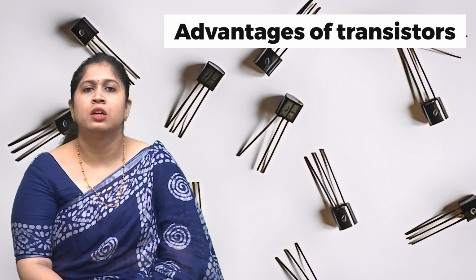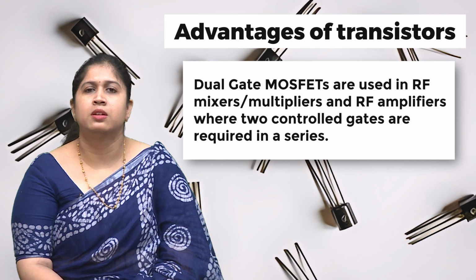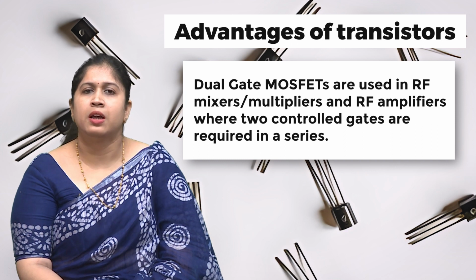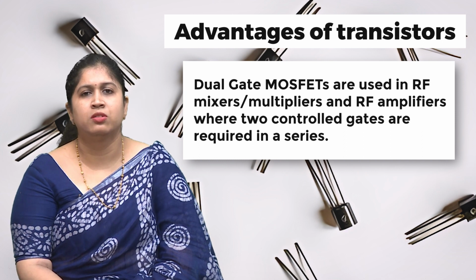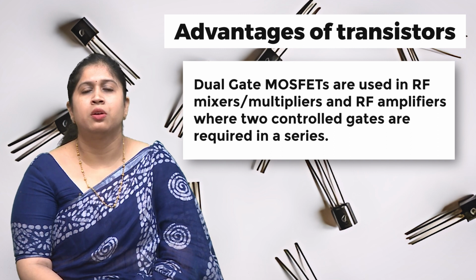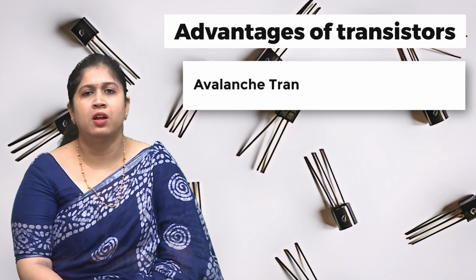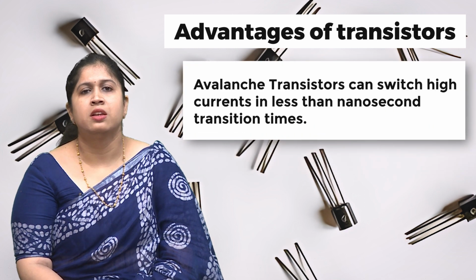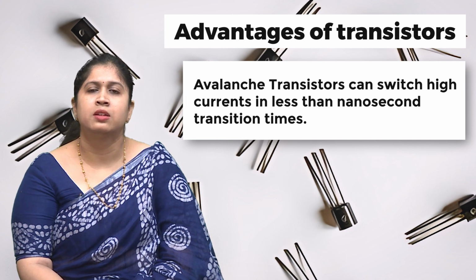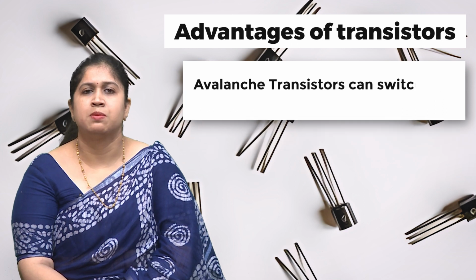Fourth one, dual gate MOSFETs are used in RF mixers, multipliers and RF amplifiers where two controlled gates are required in a series. The next one is the avalanche transistor, which can switch high currents in less than nanosecond transition times.